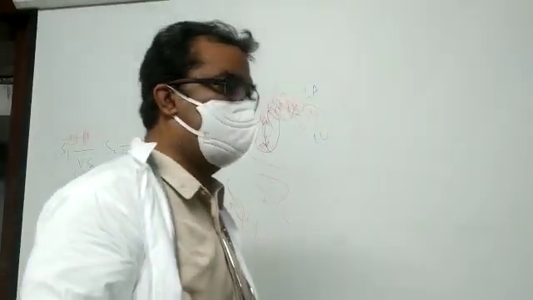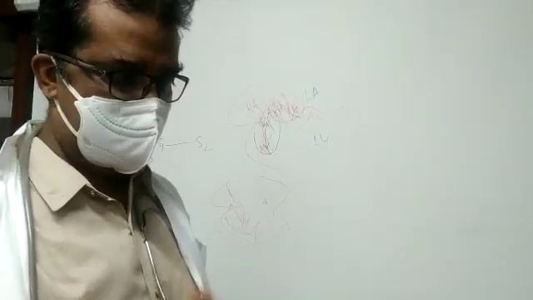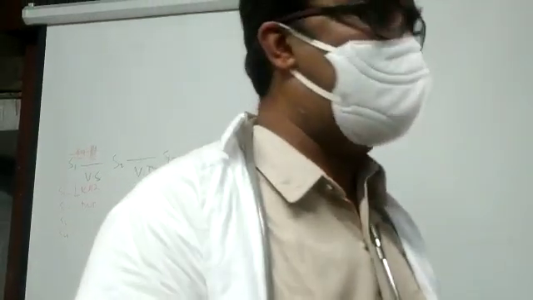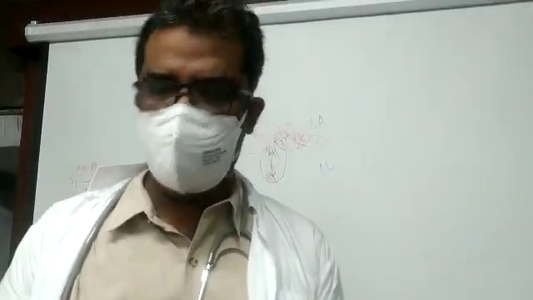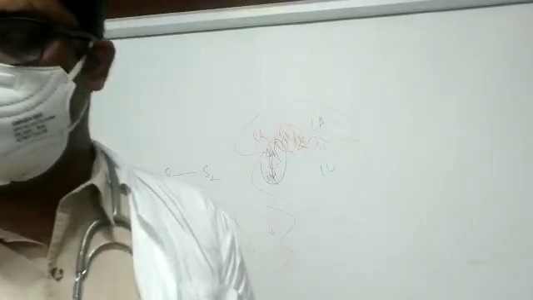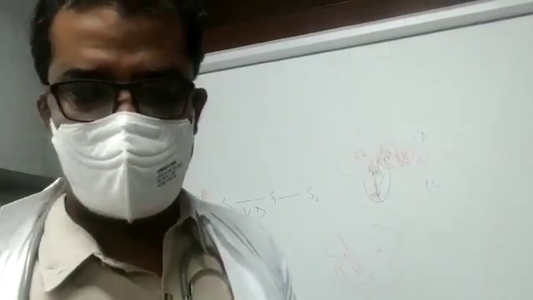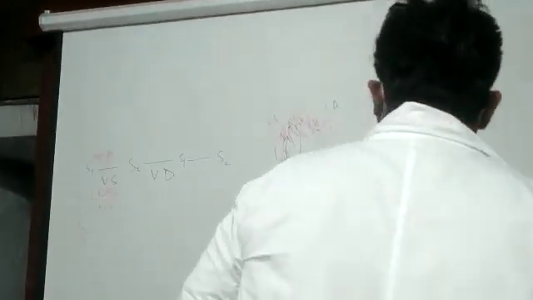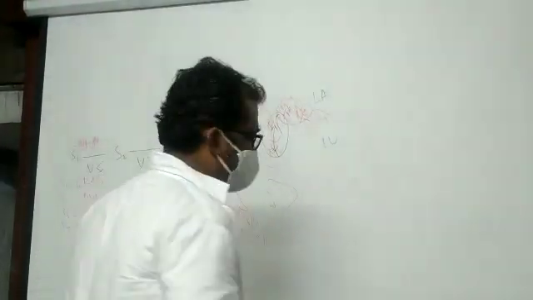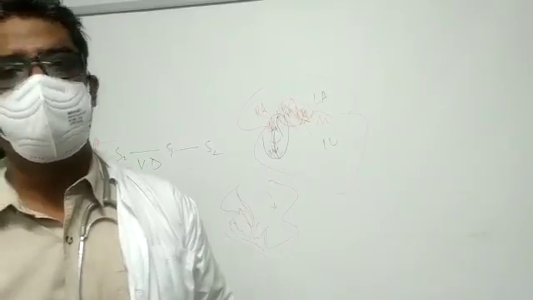This fourth heart sound is also not audible by the stethoscope, only through the bell, and it is a pathological sound, we can say. If the patient has heart failure or a stenotic heart, you can hear the fourth heart sound.